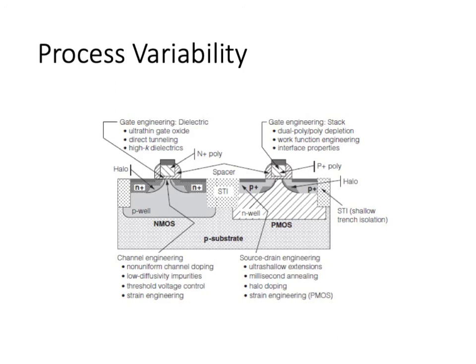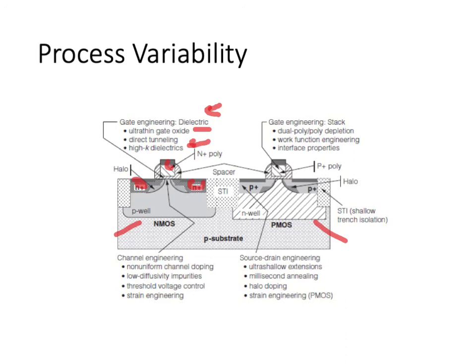We will end by describing very briefly the source of this process variability. Here is a schematic diagram of the NMOS and PMOS transistors, and they are no longer just your simple N-well, P-well, and gate devices. There's a lot of device level engineering, especially at the gates, to give you ultra thin gate oxides using high-K dielectrics.